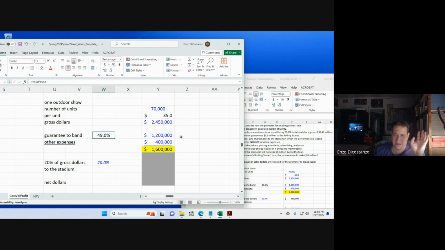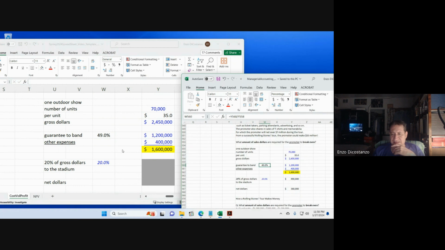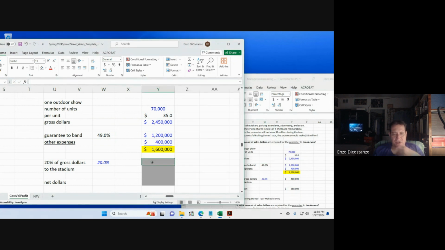So the band is guaranteed half the gross. That's before they pay their own taxes. They pay their own taxes. Okay, and what else are we doing here? And then the stadium, so 20% of the gross goes to the stadium. That's $490 for the stadium.